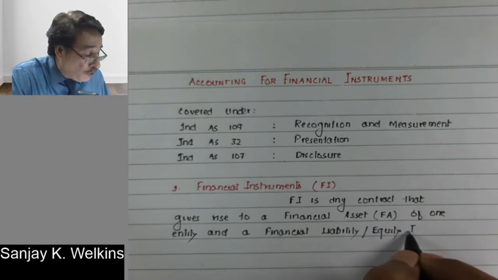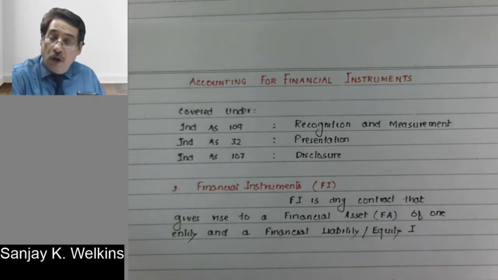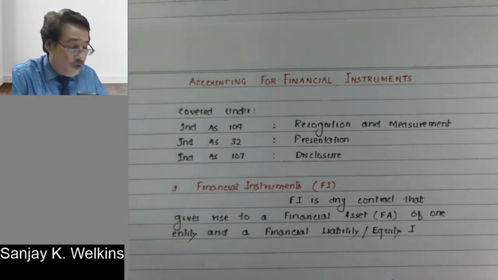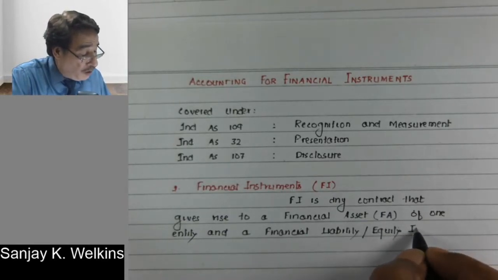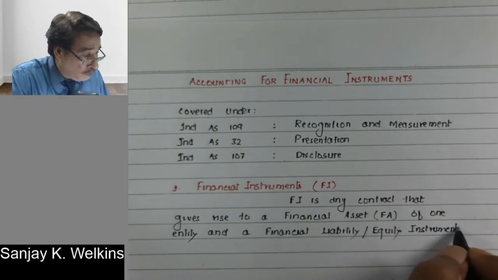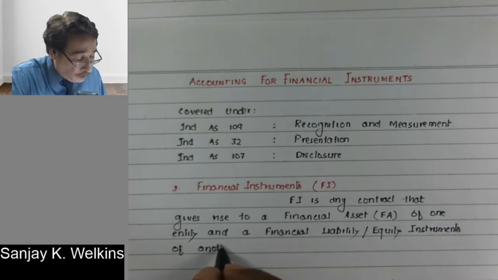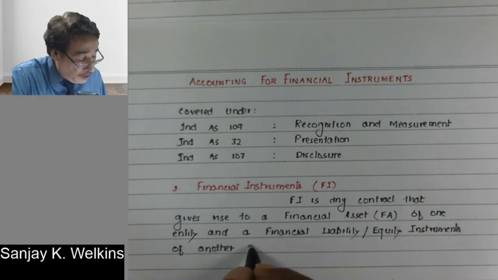It gives rise to two things: either a financial asset for one party, or a financial liability or equity instrument for the other party. I will explain it. How is it possible? Don't worry about that. Lots of examples we are going to take.